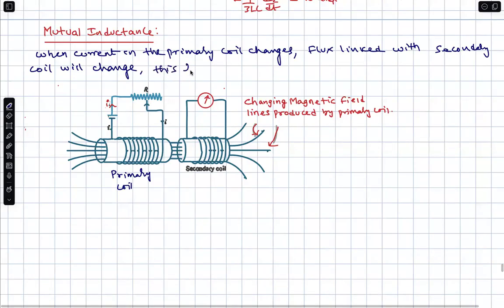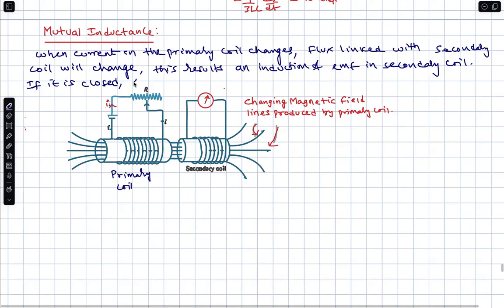This results in an induction of EMF in the secondary coil. If it is closed, a current will be induced. This phenomenon is mutual inductance.